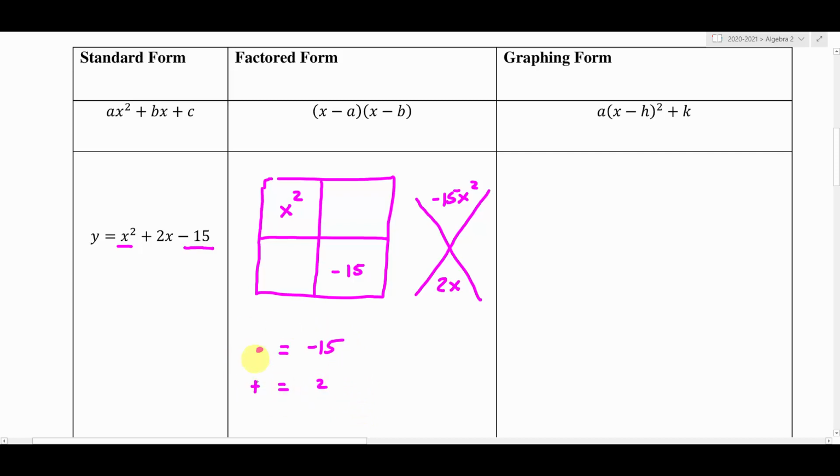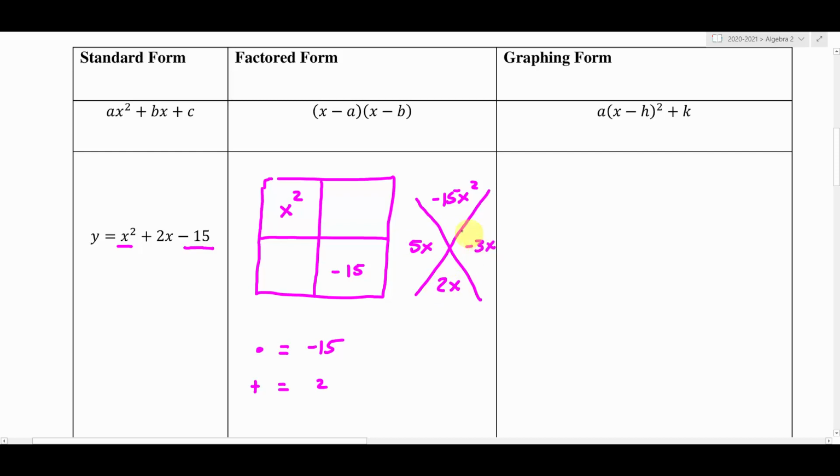All right, so I kind of wrote that down here for you so you can think about those 2 numbers. All right, and for this one, what we're going to find is that we need a positive 5 and a negative 3. And I'm going to make sure that I put x's on there, just like that. All right, so if I do 5 times negative 3, I get a negative 15. If I do 5 plus negative 3, I get my 2.